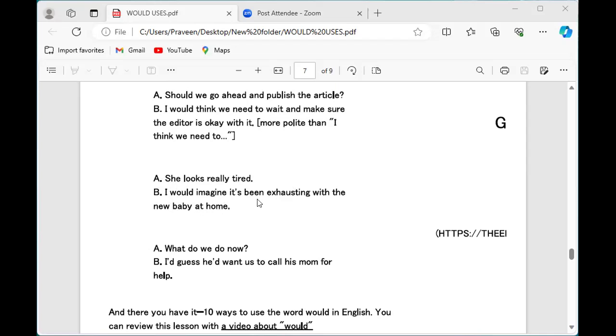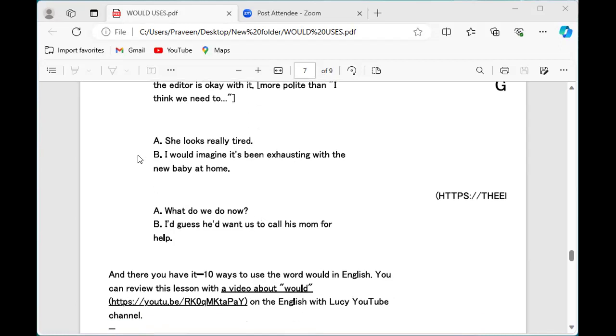There is a lot of work to do when the babies are small, and she is taking care of her baby. So this person can imagine her situation.